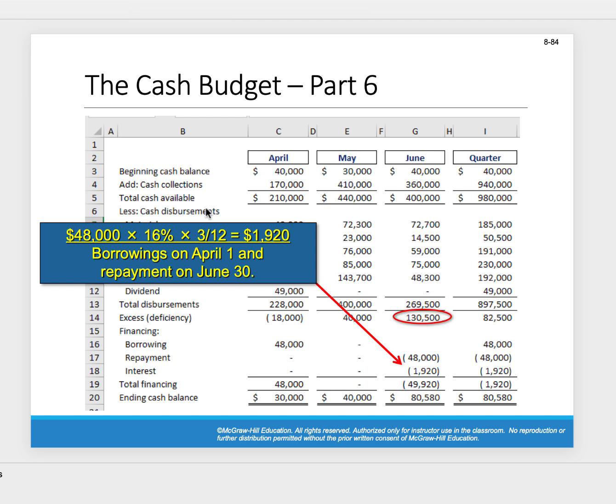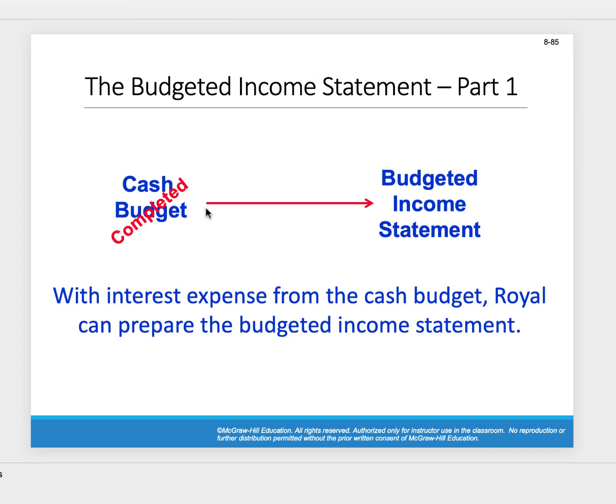Now I'm going to repay my loan. I'm going to repay the $48,000, and then I need to calculate interest, right? Well, we borrow $48,000 at 16% times 3/12, right? Why 3/12? Well, it makes it easier because I just assume I borrow on April 1st and I repay it on June 30th. That's how you do the cash budget.